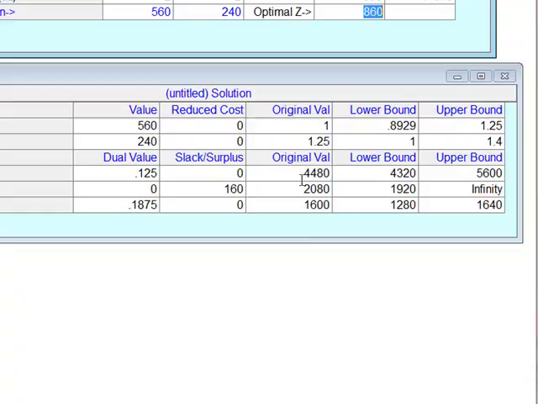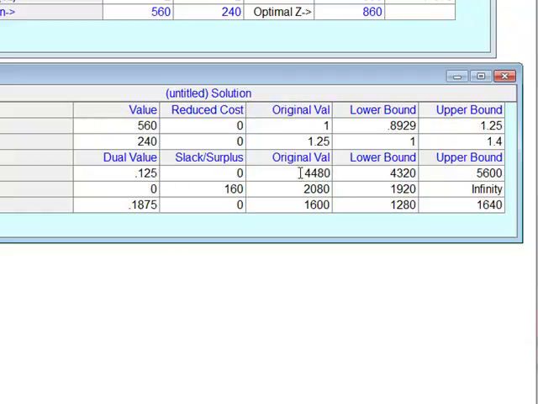The same interpretation can be made if your original right hand side value decreases. So you can go from 4,480 ounces down to 4,320 ounces of whole tomato, and the dual value would still remain valid. What does that mean?